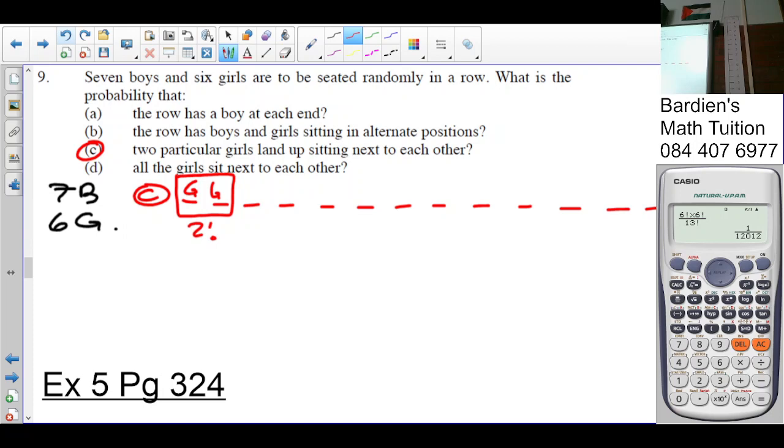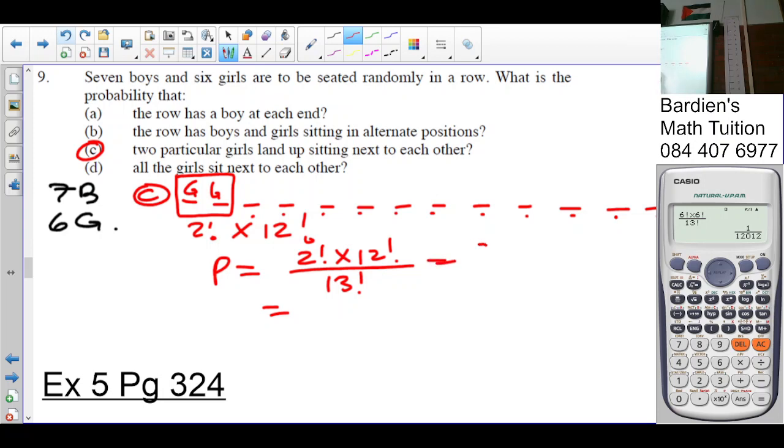There's no condition given for the girls and boys that are left, so they are one entity and can sit in 12 factorial ways. So the probability is 2 factorial times 12 factorial over 13 factorial, which is 2 over 13. I got the answer they got there.